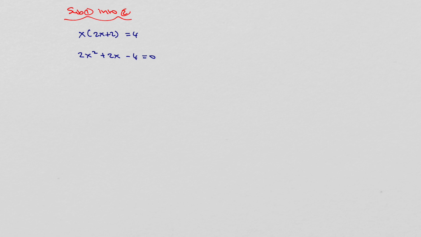I can simplify that quadratic because it's equal to 0, so I'm going to divide across by 2. And now we'll look at what multiplies to give me minus 2, that adds to give me 1, and of course it must be 2 and minus 1. So that becomes x squared plus 2x minus x minus 2 equals 0. Group the first two, group the second two to get my highest common factor.